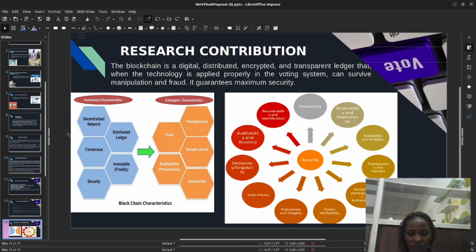We break it down to items such as accessibility and reassurance, availability and mobility, vote privacy, auditability, recoverability and identification, robustness and integrity, plus a number of them that are listed on the image that we have provided for you.